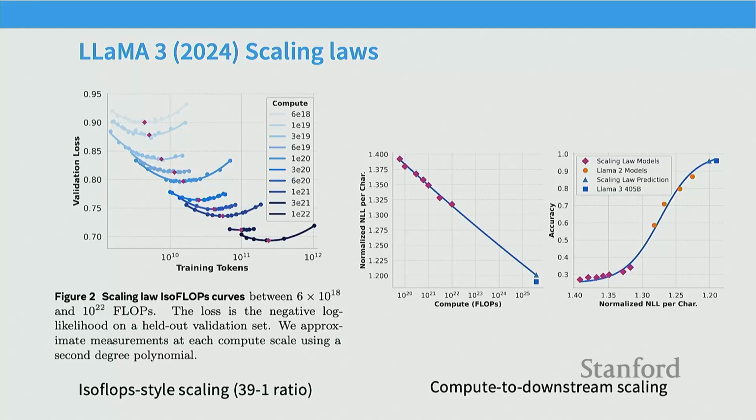Llama 3 redoes the isoFLOP style Chinchilla scaling laws, and they find that the optimum ratio, if I got the calculation right, is about 39:1. I do think this is interesting because Chinchilla got the 20:1 parameter ratio. I think many of us have trained models at the Chinchilla ratio in our research and so on.